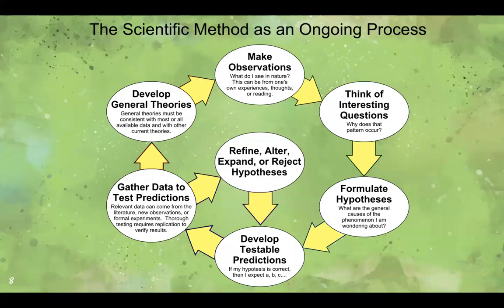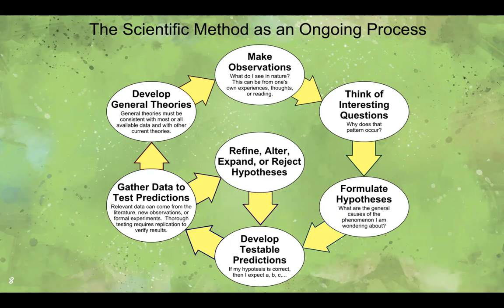Now, this diagram here is different than the one in your book, but what I like about it is it provides a little explanation under each step. Also, it shows it in a cycle, because it's not really a linear process.